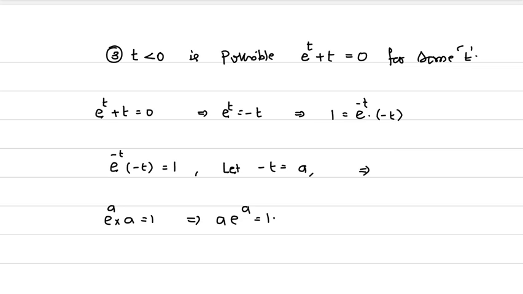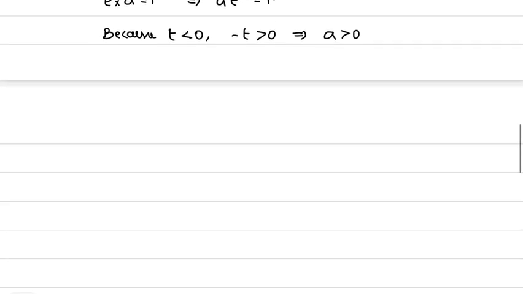Because t is always negative, minus t is always positive. Because t is less than 0, always negative, minus t is always greater than 0, that implies a is greater than 0, because a is equal to minus t. That implies the equation to be solved is a into e to the power of a is equal to 1 for a greater than 0.